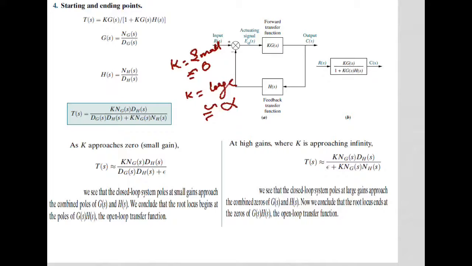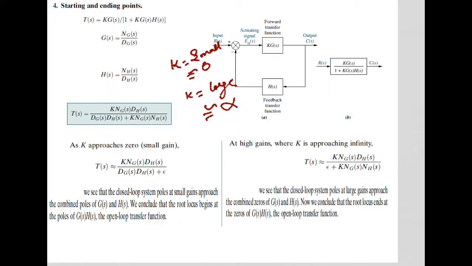From this, as k approaches 0, we conclude that the root locus begins at the poles of G(s) and H(s), that is the open loop transfer function.